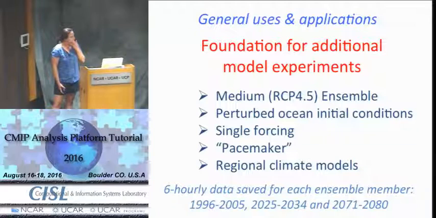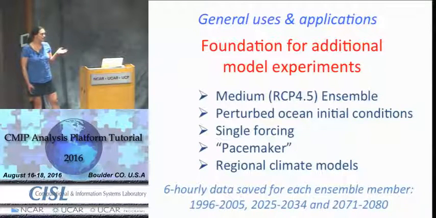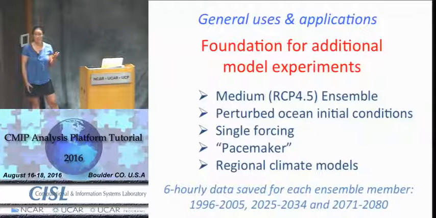Yeah. So the other thing that's fun about the large ensembles, there's been a number of offshoot projects. So the medium ensemble, there's 15 members with an RCP 4.5. I should have mentioned that the large ensemble was RCP 8.5, so the largest emissions scenario into the future. This is a somewhat lower emissions scenario, and the two have been compared in a very big project called BRACE to try to understand what the impacts would be of reducing the emissions.